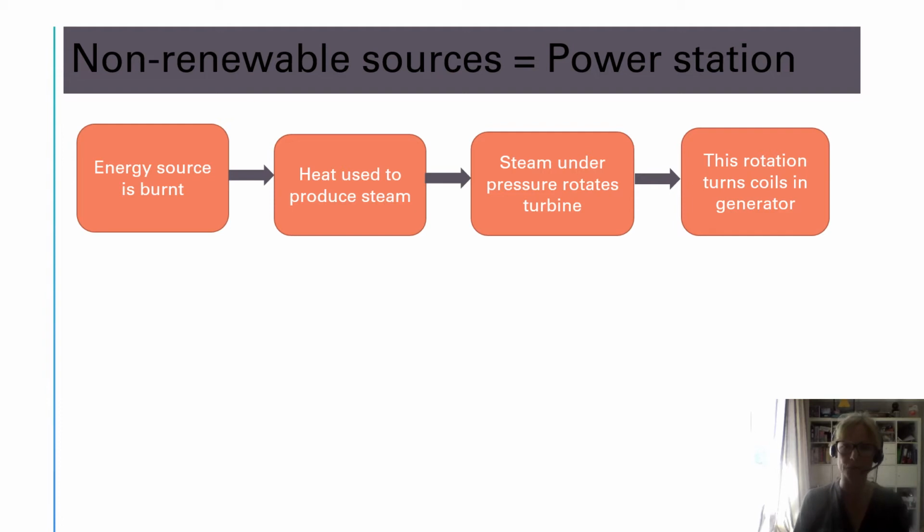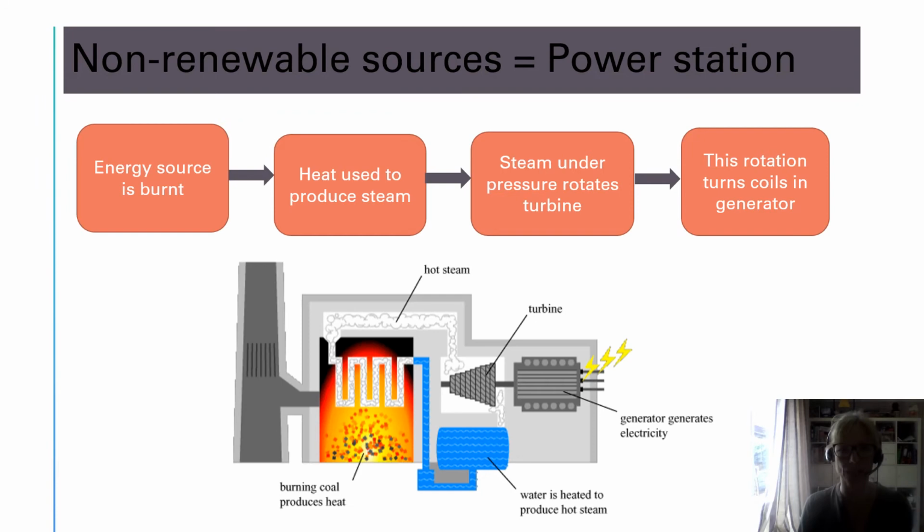The only difference you need to remember between the two is how you get that turbine to rotate. In a power station, it's your fossil fuel that's burnt, and the heat is used to heat up water to produce steam, which is forced under pressure to rotate the turbine. Okay, and then I've got a picture here of how that works.